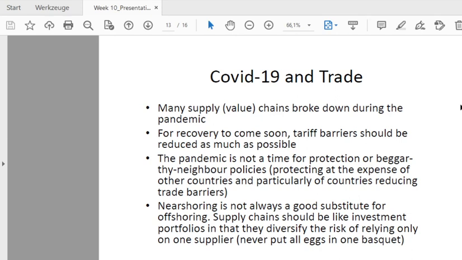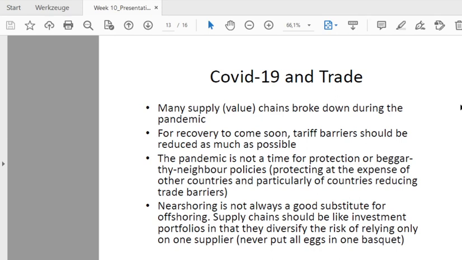For example, if production in China was stopped, and China is a central country as far as supply chains are concerned, then of course this has an impact on the supply of many goods to many countries. So if these goods are not supplied anymore, then something breaks down.